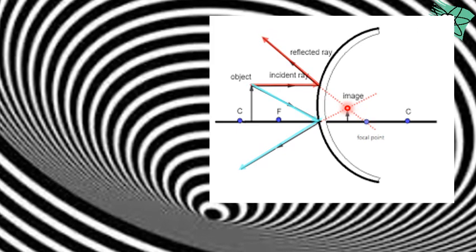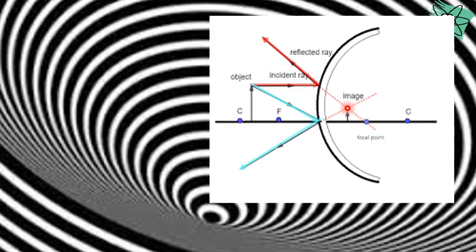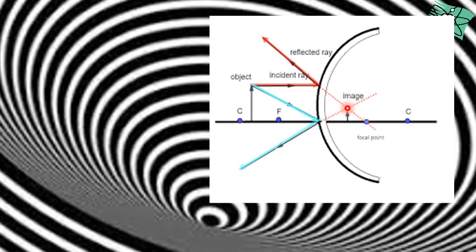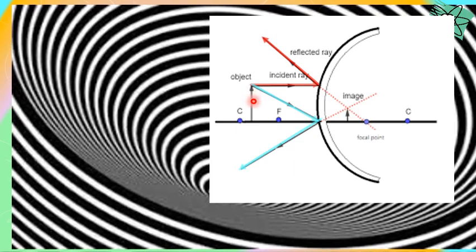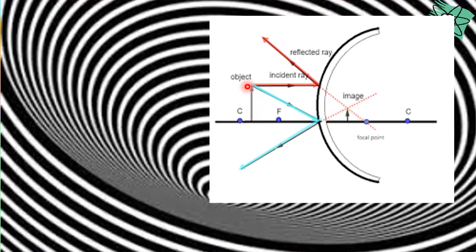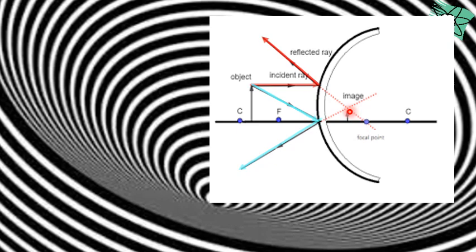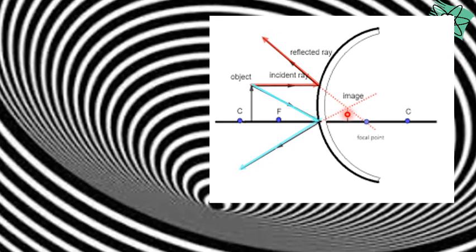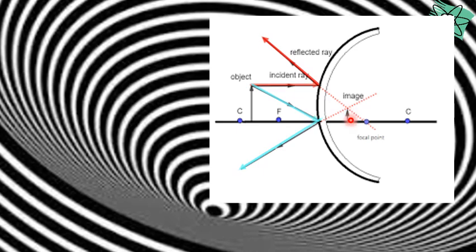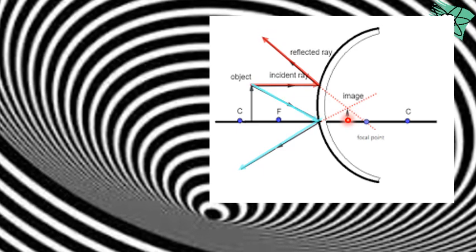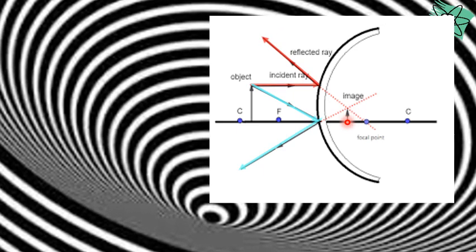And that point of intersection represents the image of the tip of this arrow representing the object. In other words, we now have the image represented by this smaller upright arrow.